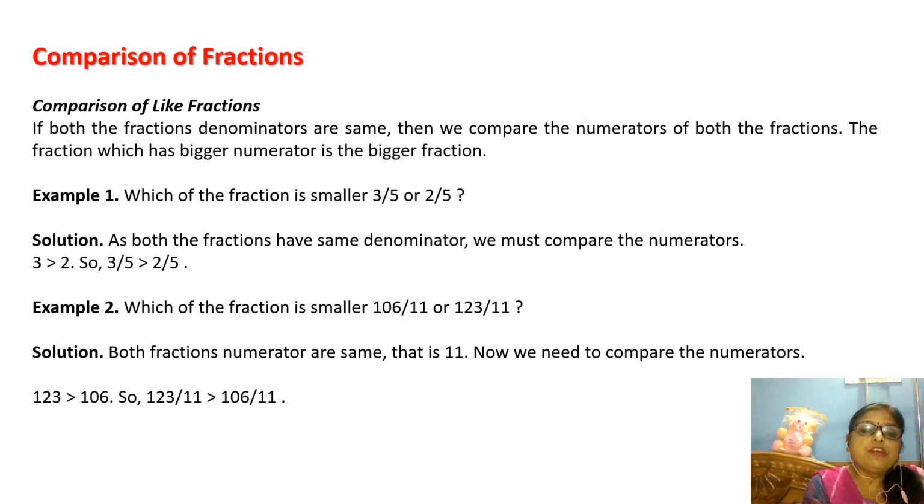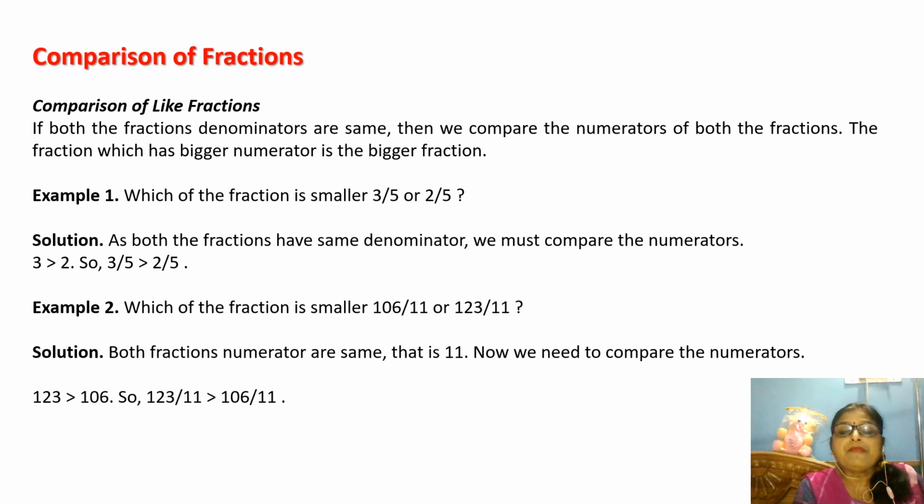First, if both the fractions' denominators are same, then we compare the numerators of both fractions. If the denominators are same, then you have to compare the numerators. The fraction in which numerator is smaller, that fraction will be smaller, and the fraction in which numerator is bigger, that fraction will be bigger.